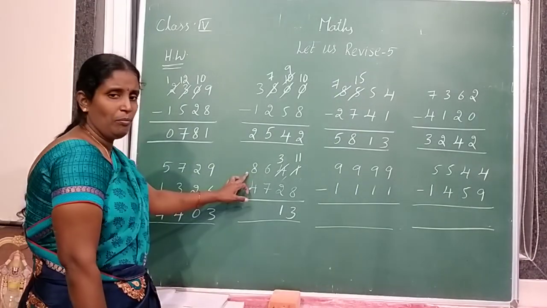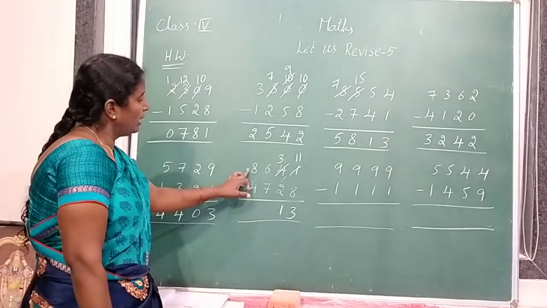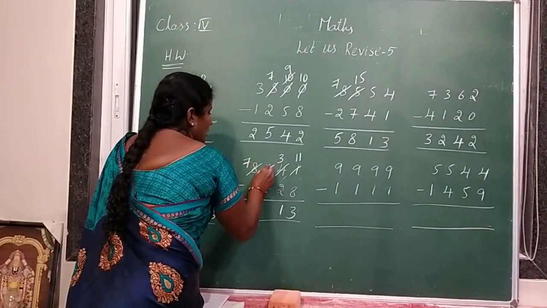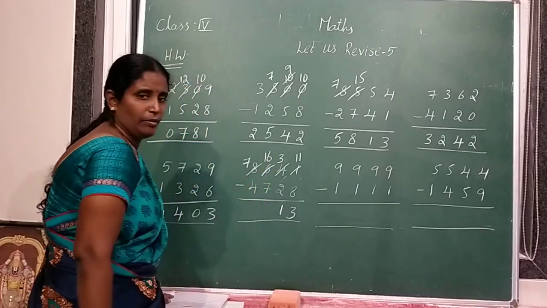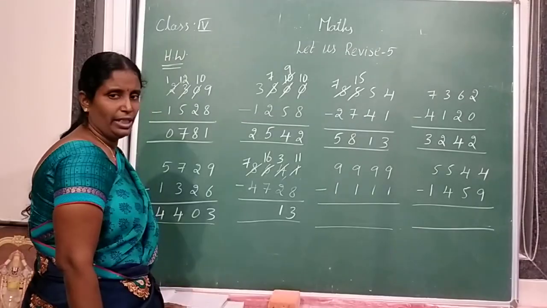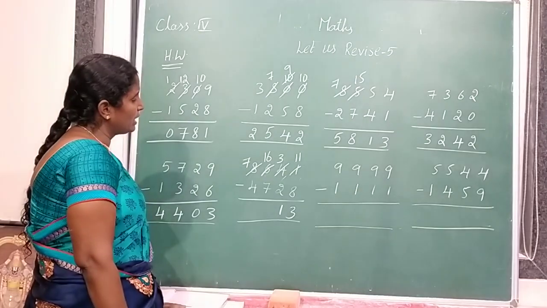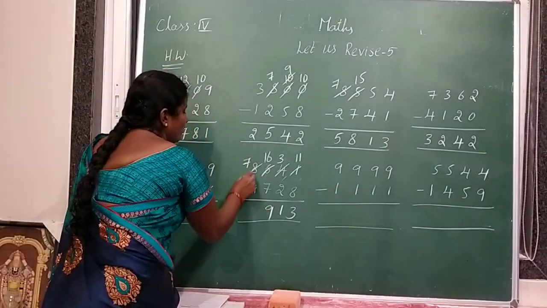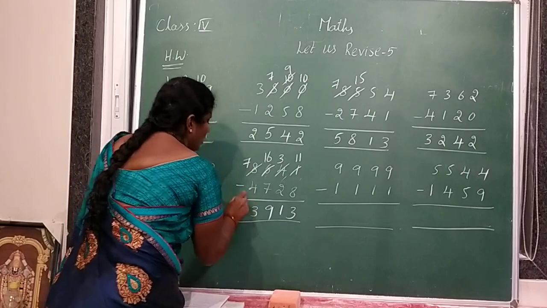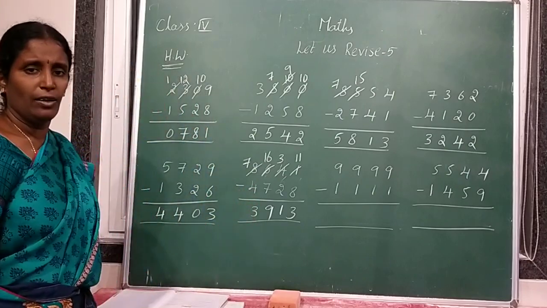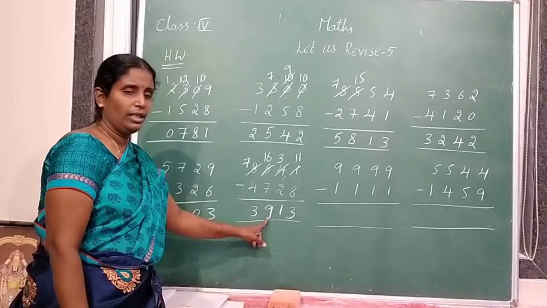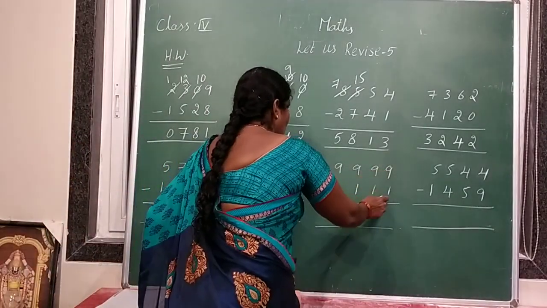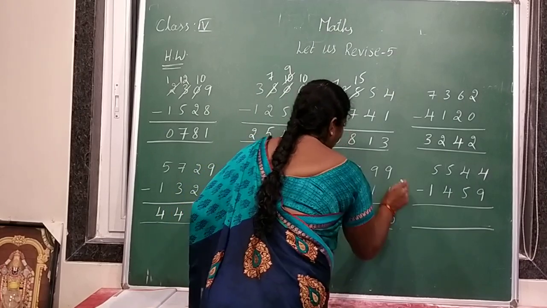So borrow from 8. 8 becomes 7 and 6 becomes 16. 16 minus 7 is how much? 9. 7 minus 4 is 3. So what is the answer? 3913.